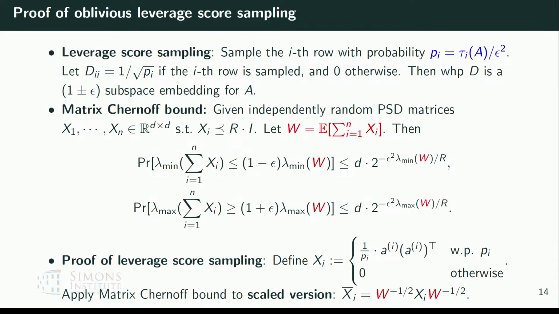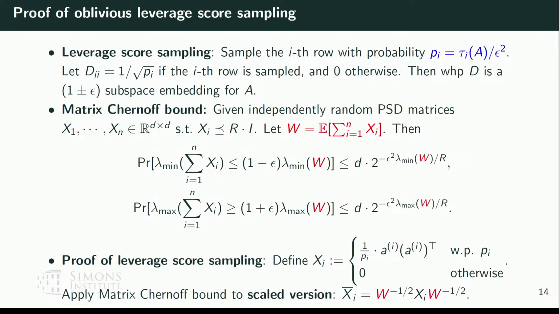So we define our random variable matrix as a rank 1 matrix, and then we apply the matrix Chernoff bound to it. But we can't just apply it directly, because if we do, it only gives some bound on the least eigenvalue or the largest eigenvalue. But we can use a very simple trick by scaling our random variable by the expectation.